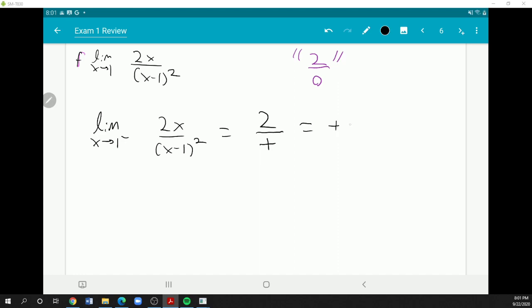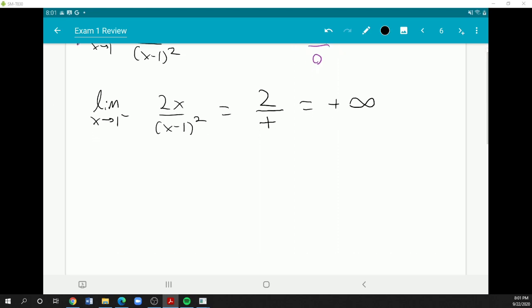So this is equal to positive infinity then. Because I'm taking a number that's getting really close to 2, I'm dividing it by a really small positive number, and I'm getting infinity. But positive infinity because the sign is positive. From the plus, because this is squared, it's going to turn out to be the same thing. 2 over something positive, again, is plus infinity.